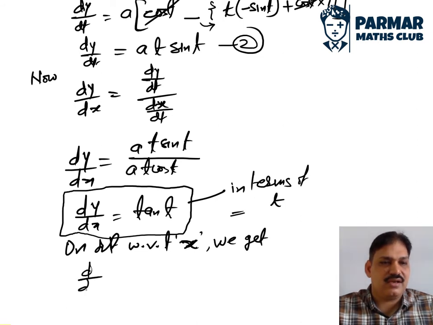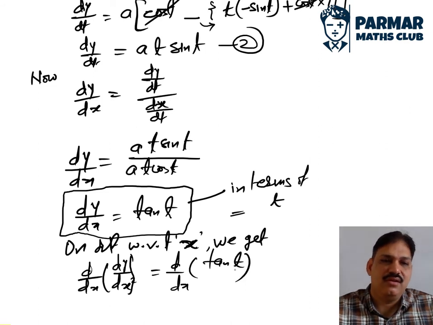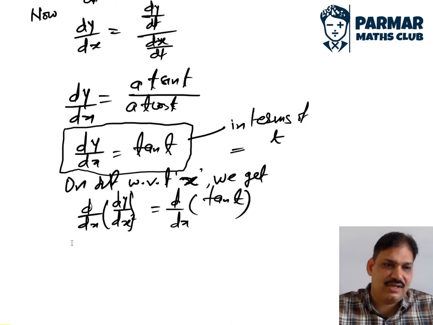The derivative of dy by dx will be d2y by dx square. Now the left hand side is simply the second order derivative, d2y by dx square.